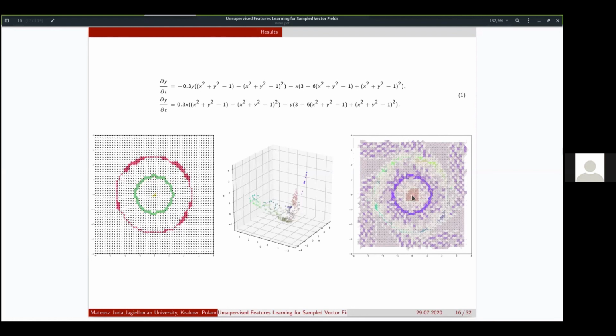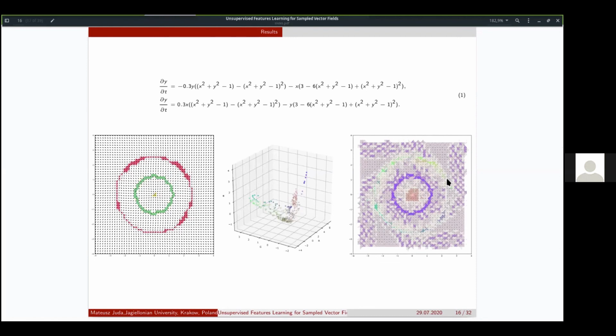The critical point in the center is also visible, and the attracting orbit outside is maybe not so easily visible. However, the colors are from the arms of the embedding. So there is this kind of green color here, and we may observe the green on this part and some kind of more yellow color on this part.